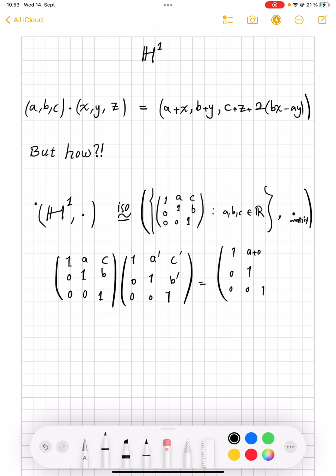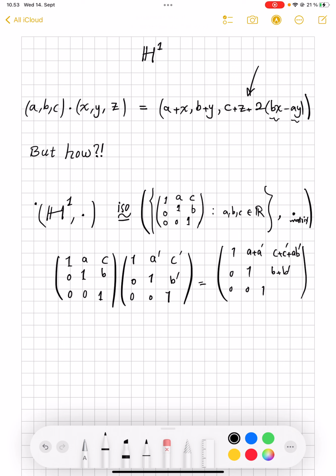Here you will have A plus A prime. Here you will have B plus B prime. Here you will have C plus C prime, but also A times B prime. Similar to the Heisenberg group multiplication, the third element also borrows stuff from the previous two elements.